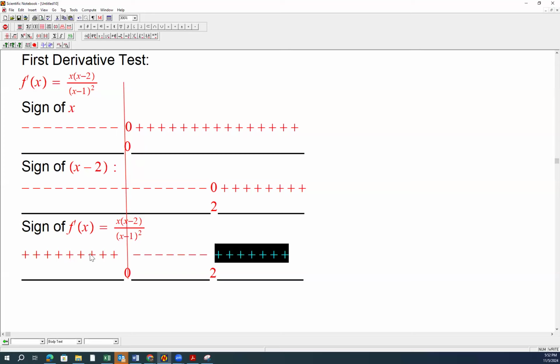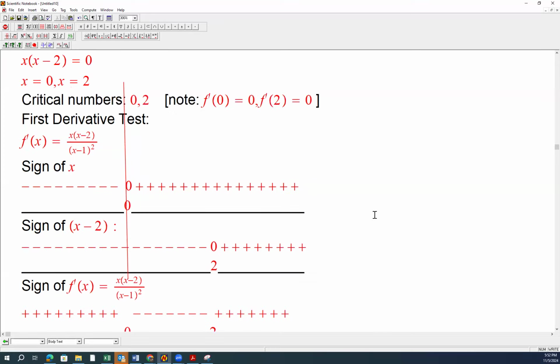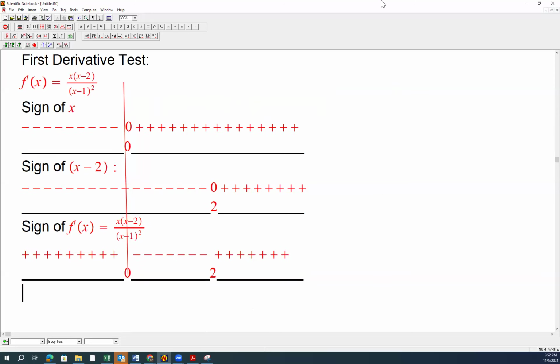So by this time, we know the sign, we know the function, so we know the intervals. But because it's not asking for intervals of increasing or decreasing, we don't have to talk about it. We just need to use the first derivative test, right?